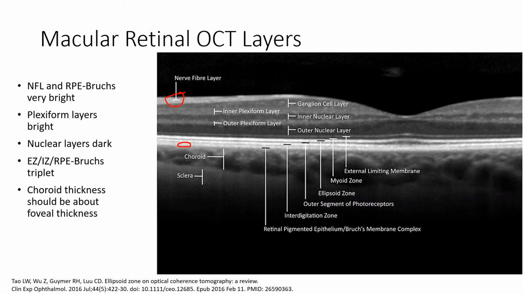In the middle of the retina, the plexiform layers are hyperreflective. The nuclear layers are dark.